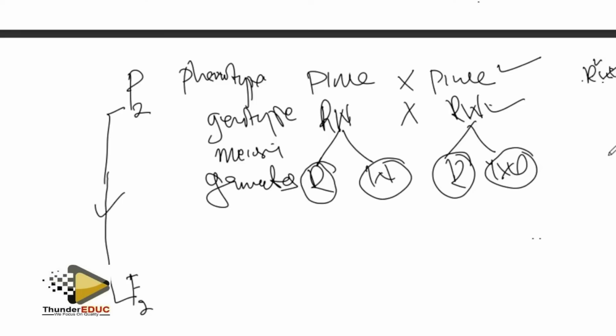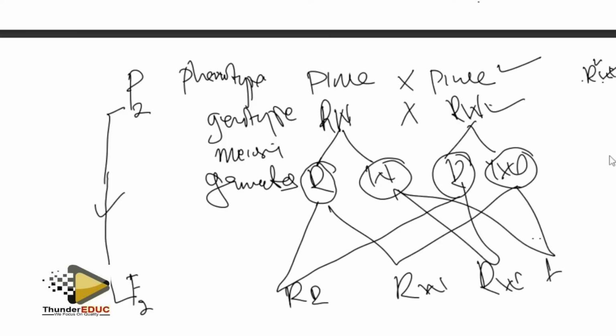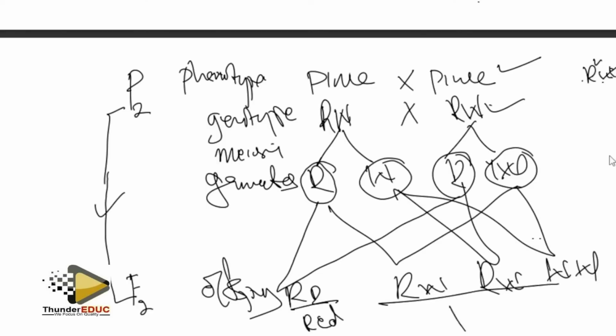Then after that, you do the crossing, or you do a Punnett square. So cross with R, capital R, capital W, capital R, capital W. Because I started with R, I will start with R, capital W, and then capital W, capital W. These are offspring. Now, if those are offspring, this is red, this is pink, and then this is white.